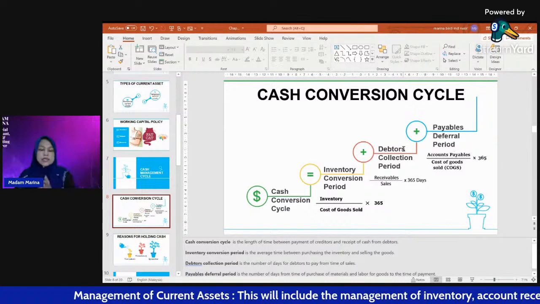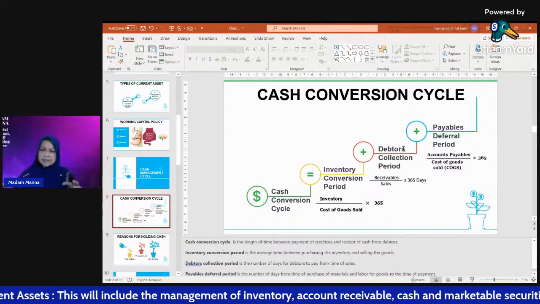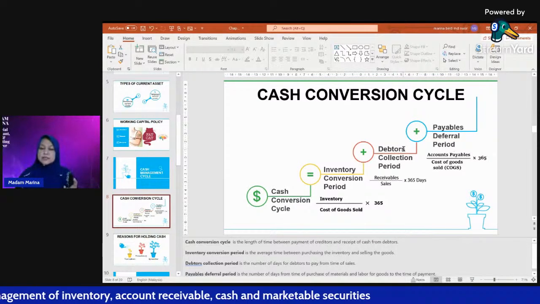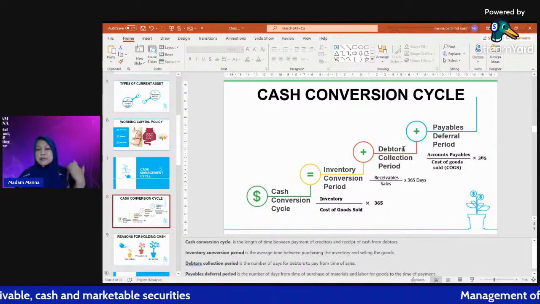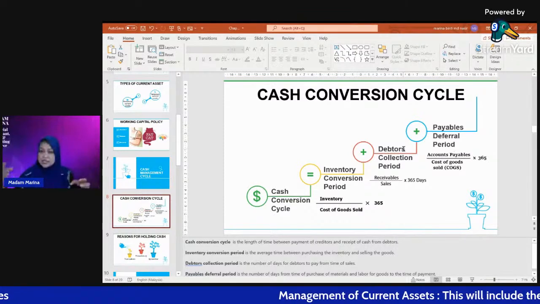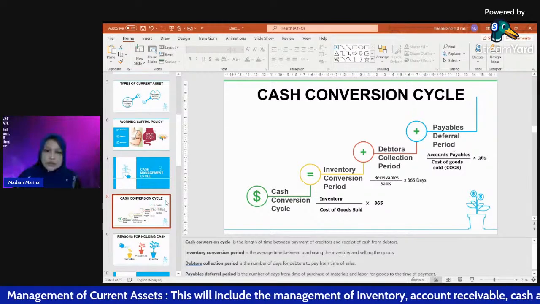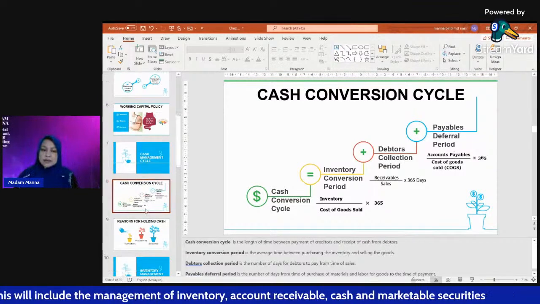How long is the time taken between when we receive cash from the accounts receivable, or from the debtors, and the payment that we make to the supplier. The length of time between that cash in and cash out. So actually the shorter the time taken for the cash conversion cycle, the better.